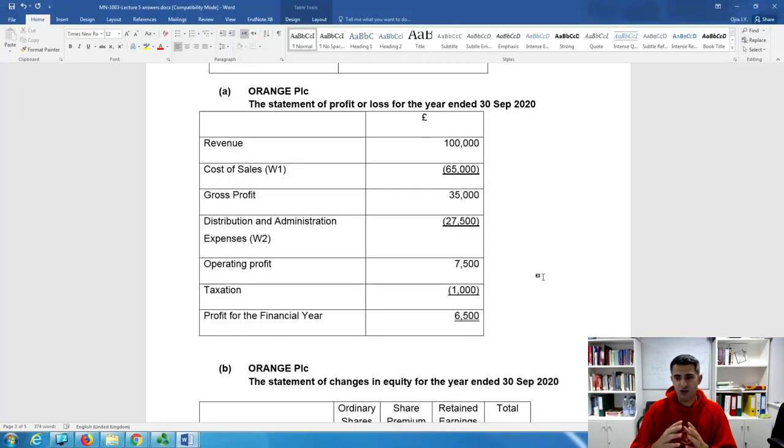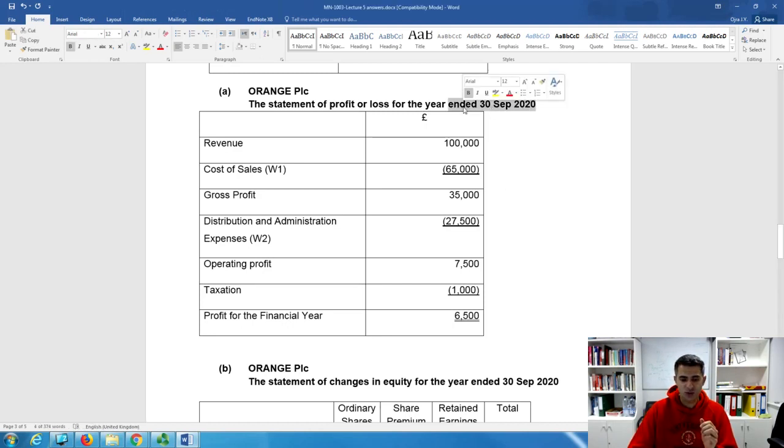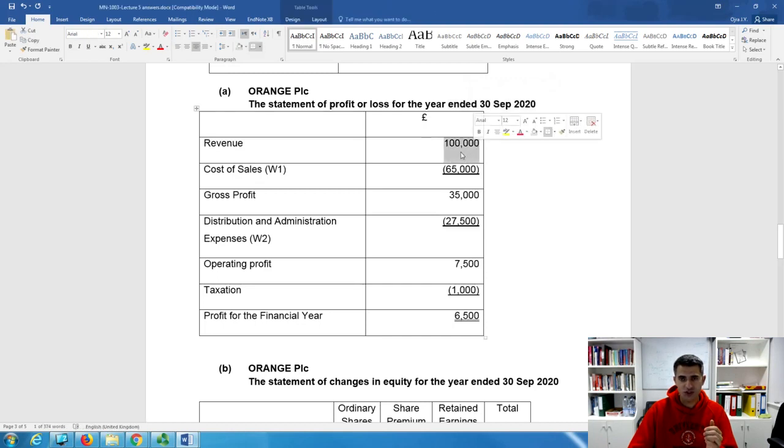So the first statement you need to do is a statement of profit and loss. And when it comes to the statement of profit and loss, don't forget to write the title of the statement and the date, because it's 1 mark on the exam. So you start with sales revenue, which is in the question. And you need to take away the cost of sales, the one we calculated in W1, in order to reach gross profit.